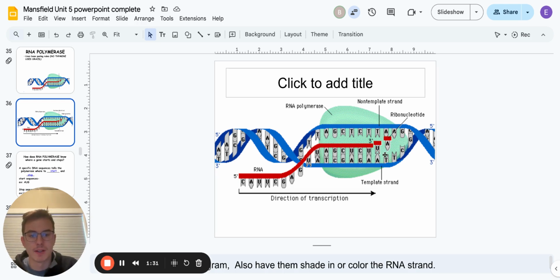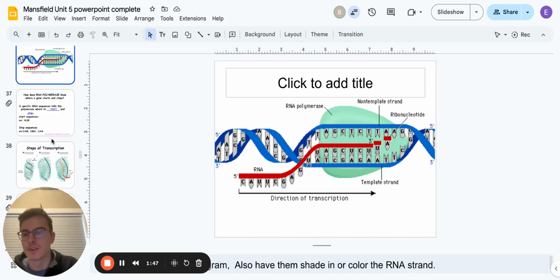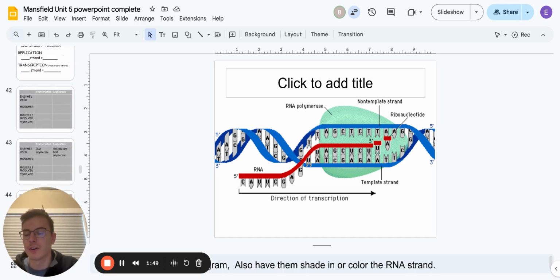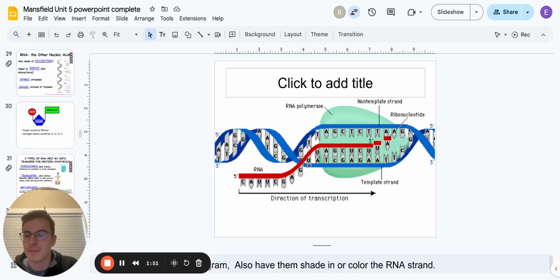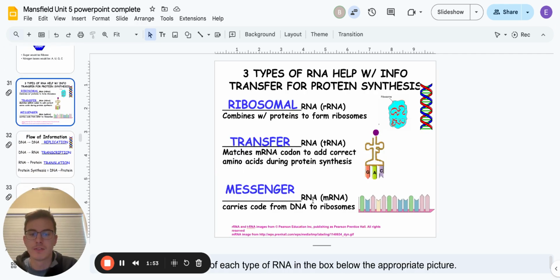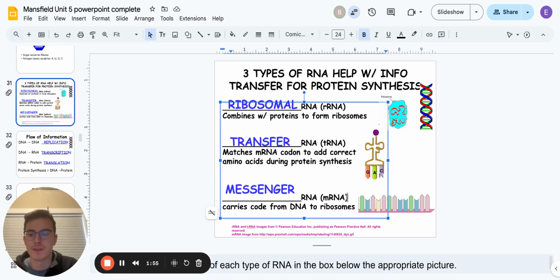We're adding the complementary bases, like here, U and A and T. Then we make this long message, this code. This is the message that can then leave the nucleus, and so we call it mRNA, messenger RNA. We had talked that there are 3 types of RNA. So our messenger one right here will be involved in transcription.